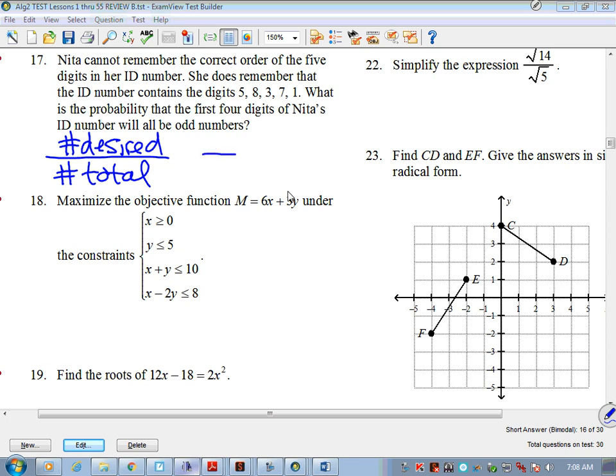All right, so we know that there is a total of 5 digits. Okay, but how many of them are odd? Okay, well, odd numbers. So we got 5, 3, 7, 1. Okay, so you know the probability on that first one is actually 4/5. Okay, and then on the second one, it's just 3/4 because now we've already used one.